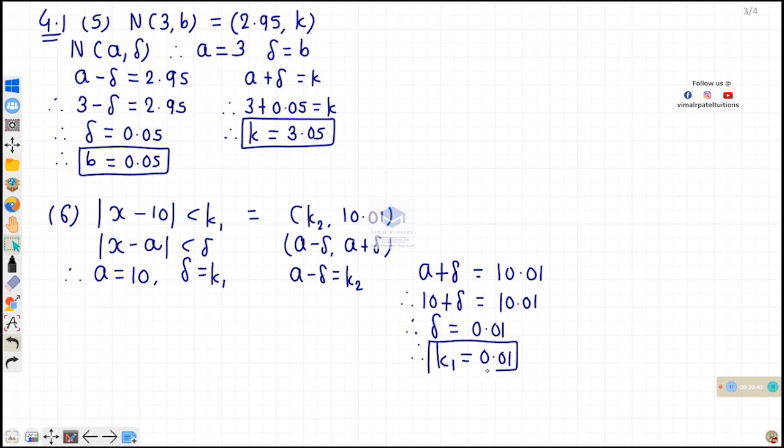So k1 is equal to 0.01. Now putting this value here, A is equal to 10 and delta 0.01, so k2 will be 9.99. Clear? Yes, sir.